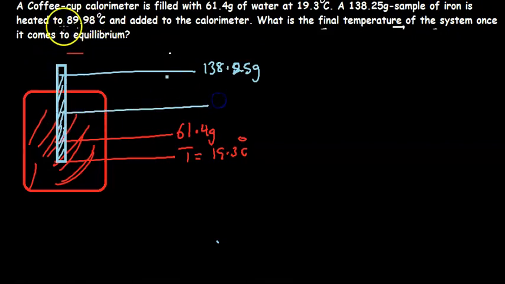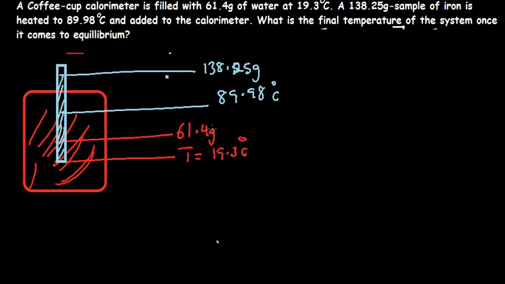89.98. If you look at this problem, we have two different masses and two different temperatures. In the case of iron, we have 138.25 gram, and the temperature of iron is 89.98 degrees Celsius. In the case of the coffee cup calorimeter, which I drew in red, this is 61.4 gram and the temperature is 19.3 degrees Celsius.